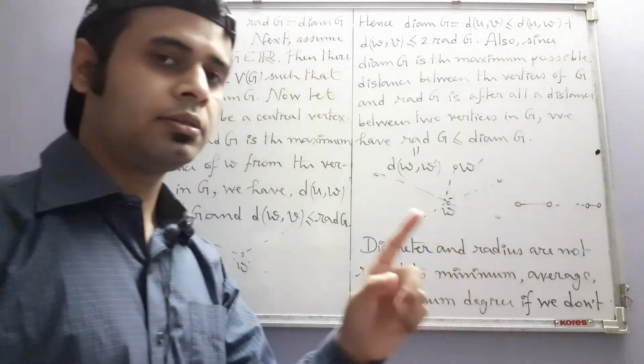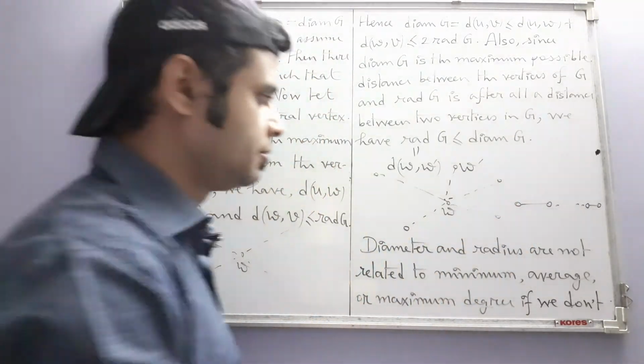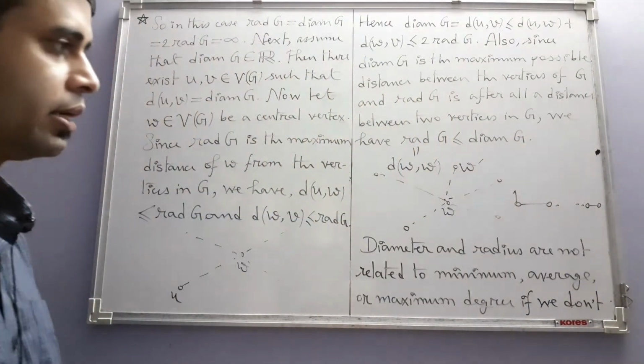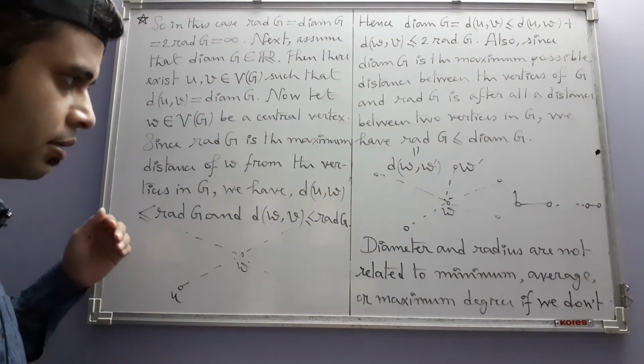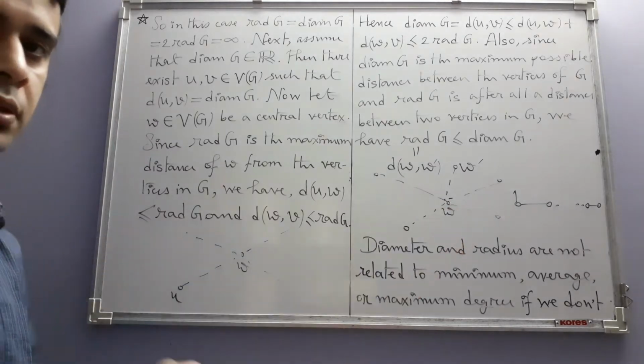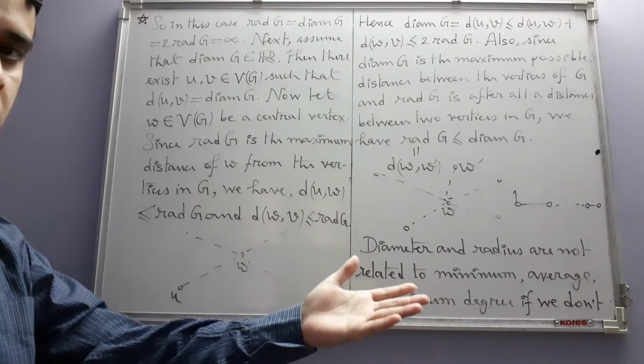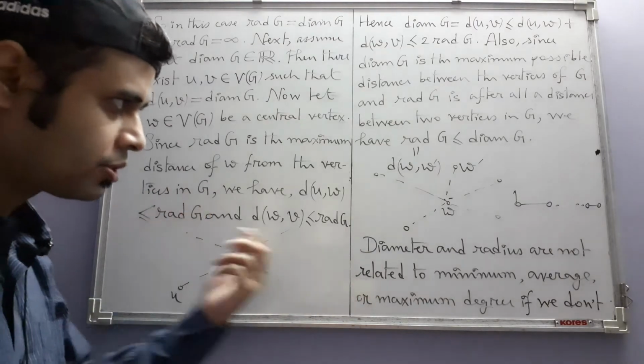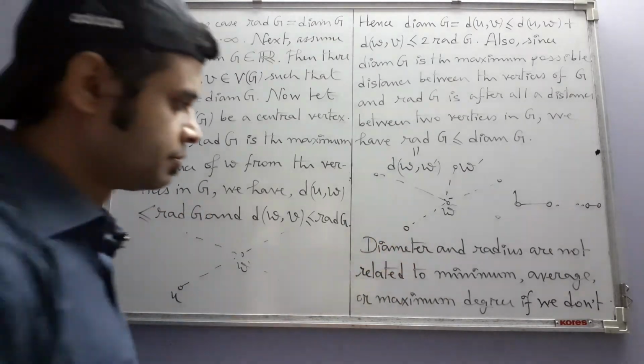In a path, the minimum degree is 1, which belongs to this vertex as well as that other end vertex. But the longer you take the path, the more the diameter will be.